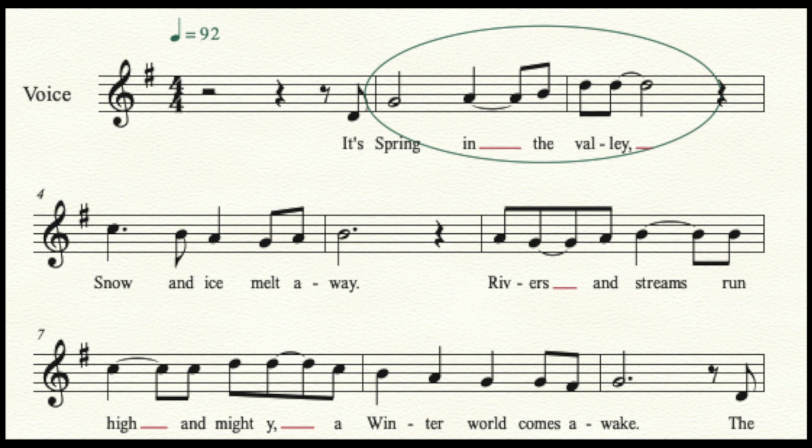So it goes by pretty fast. And in the next measure, it's all Ds. Well, then I'm thinking, okay, all Ds, yes, that could still be another G chord. So I could go G chord on spring, D chord on in, and another G chord on valley, because the notes in the G chord are G, B, and D. That would work.